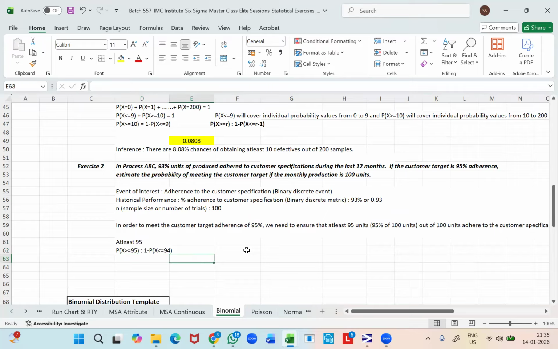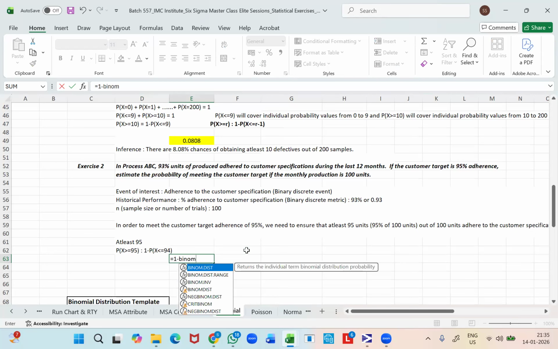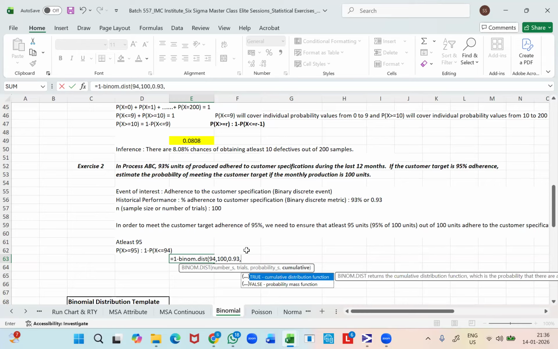So for this, we can find out the probability value. This will be 1 minus binom dot test, open bracket. What will be the number? P of x less than or equal to 94 means the number will be 94, comma, number of trials 100, sample size is 100, comma, historical performance 0.93, comma, cumulative will be true.